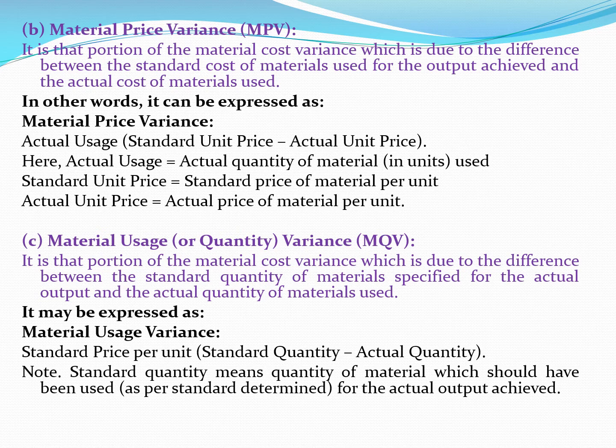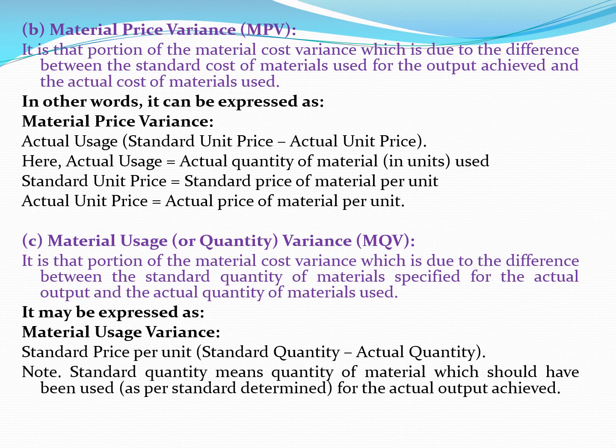Here, actual usage means actual quantity of materials in terms of units used. The standard unit price means standard price of materials per unit. Then actual unit price means actual price of materials per unit.